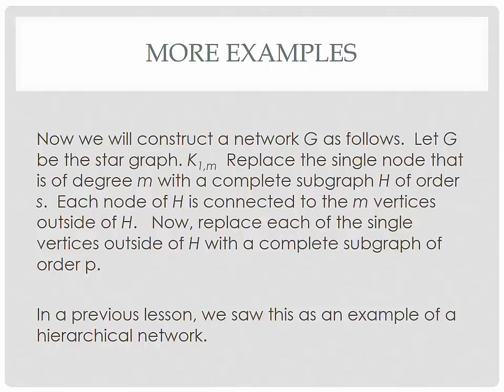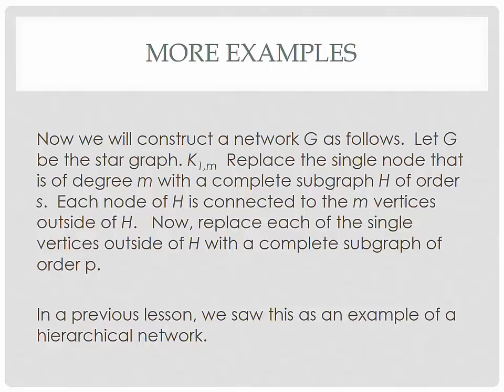Now, each of the M nodes on the periphery, let's replace them also with a complete graph, say a complete graph of order P. This is the graph that we constructed in the section on the hierarchical networks.